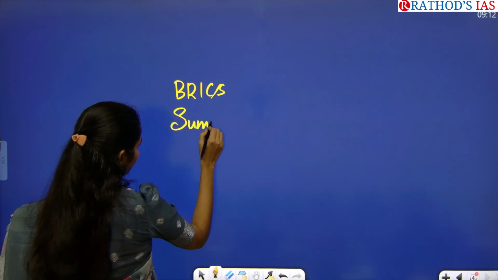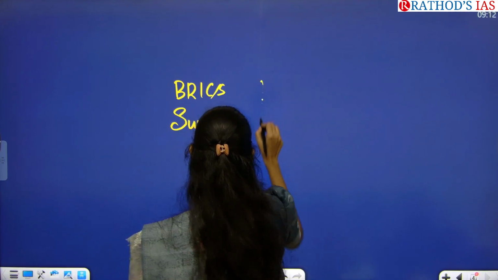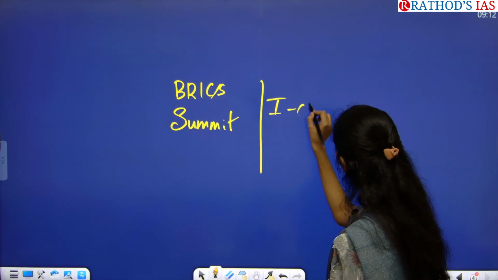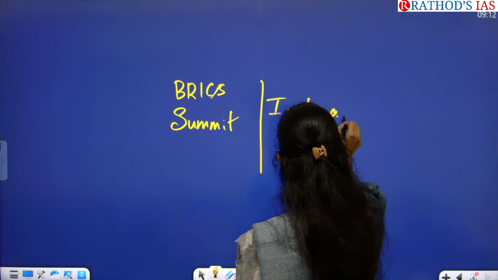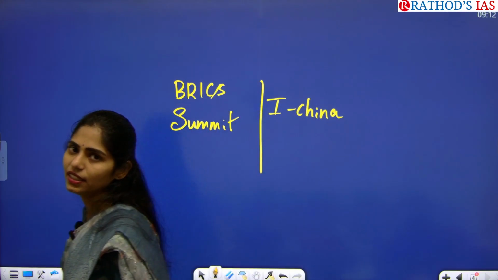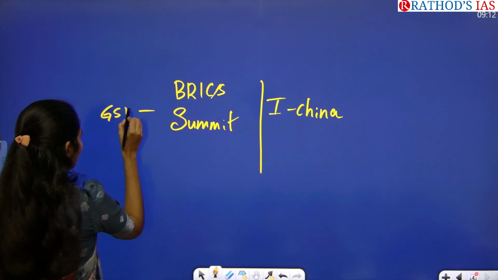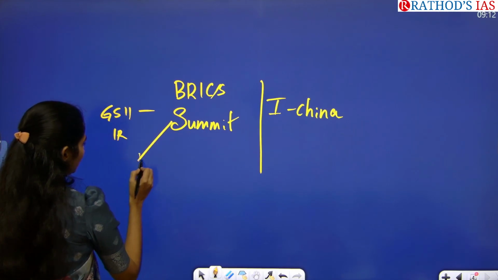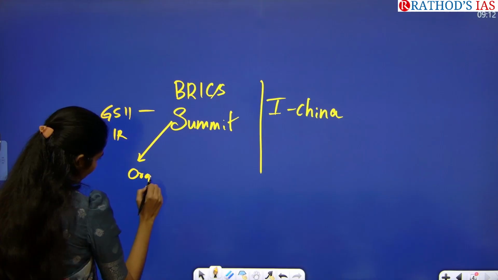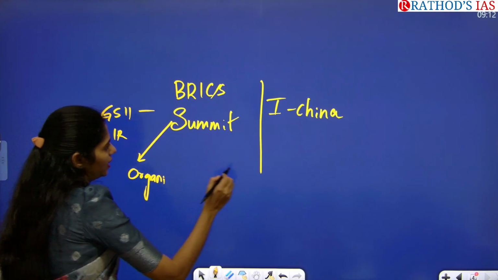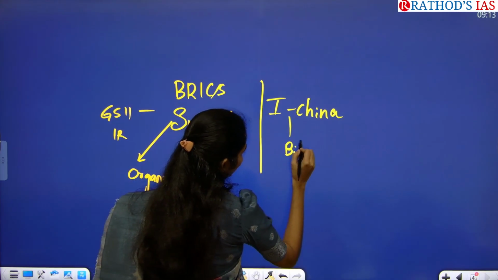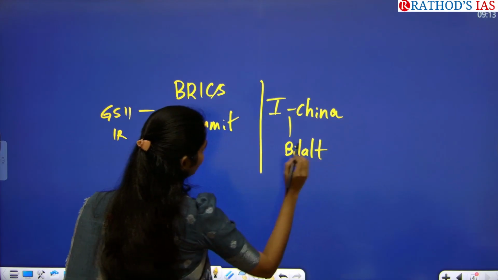Apart from this, yes, India-China relations. From which subject will we see this article? Yes, from GS paper 2, IR, under organizations. And here we have India and China bilateral relations.